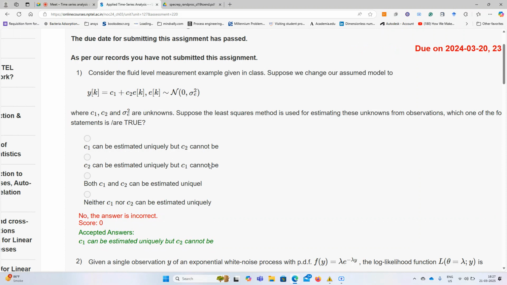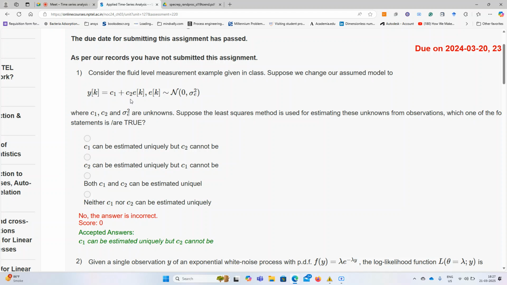If you take this signal and take the mean of it, you can say C1. So any one of them can be uniquely estimated, but not the other.